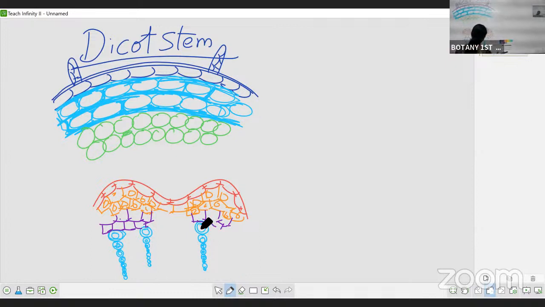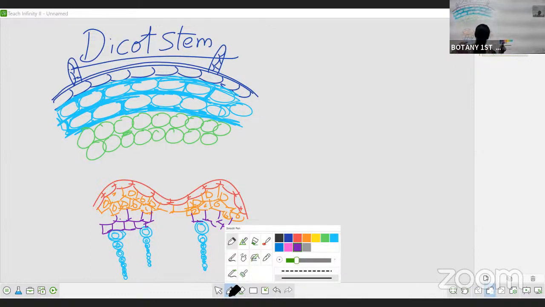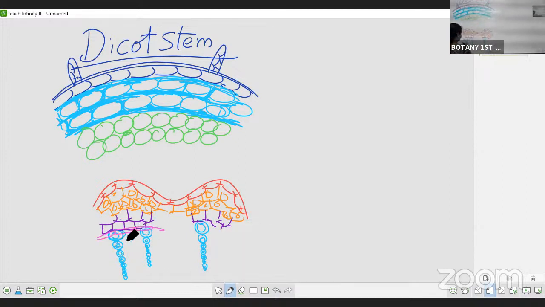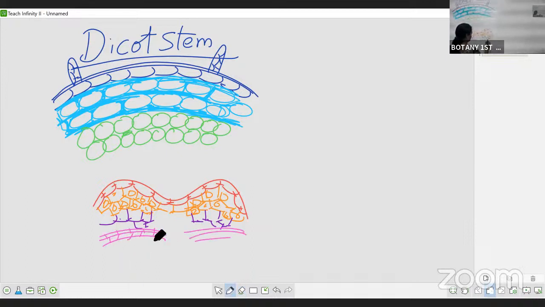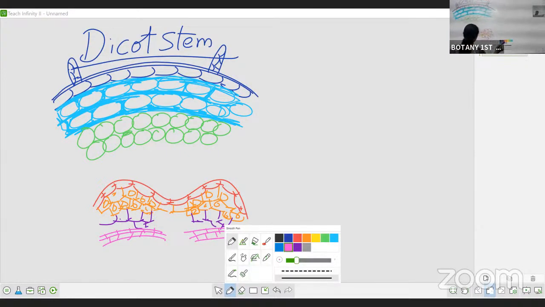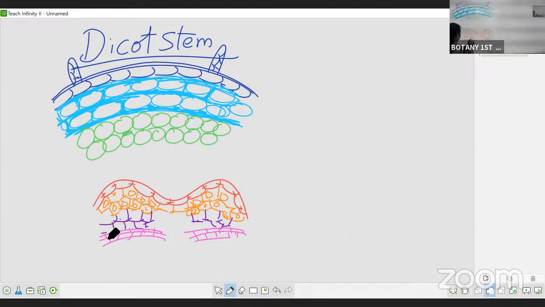And between the xylem and the phloem, it will be having the cambial cells. And this is the phloem.